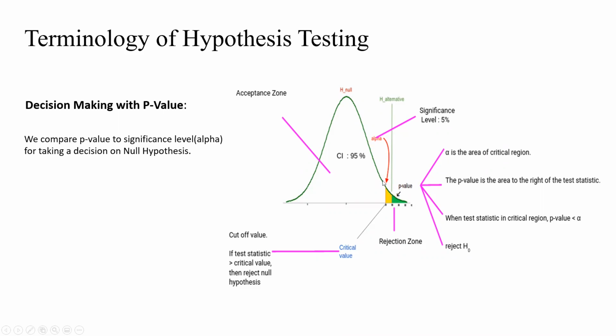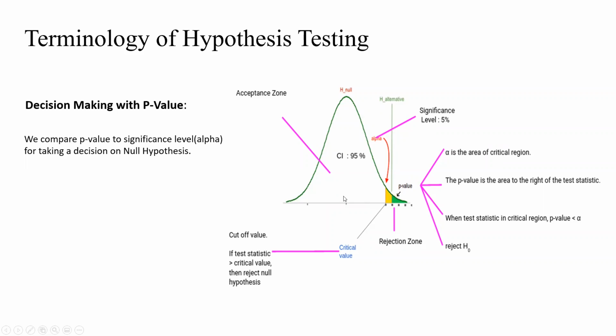Alpha is the area of the yellow and green regions, whereas my p-value is only the area of the green region. Whenever my p-value is less than my alpha, I am in the rejection zone. If my p-value exceeds my alpha, my green becomes greater than my yellow region. That means I have crossed the critical value and I'm in the acceptance region, so I will not reject the null hypothesis in that case.